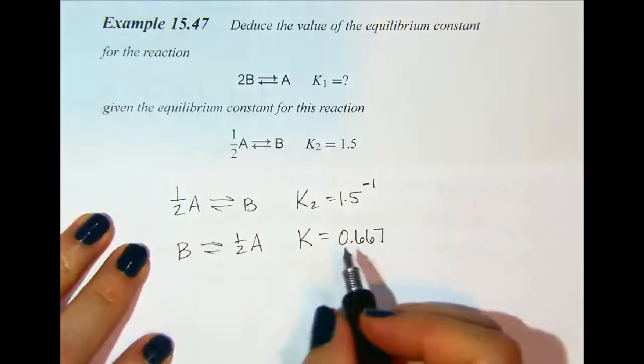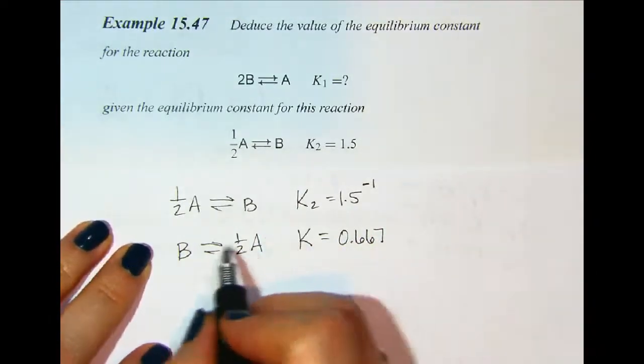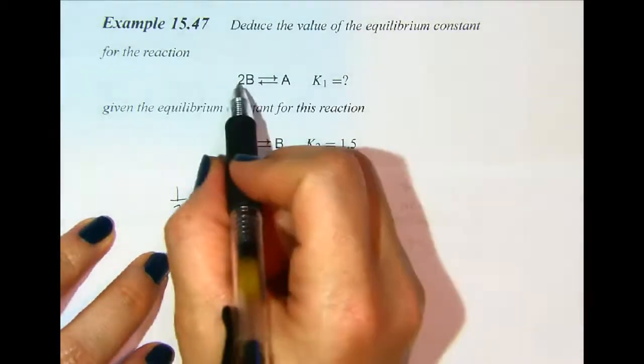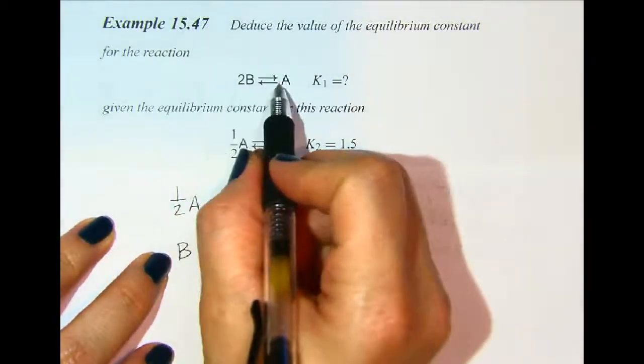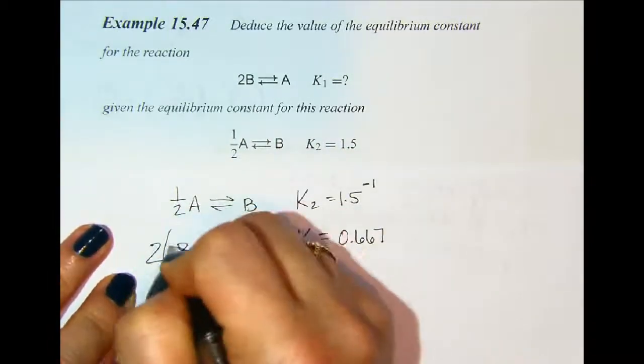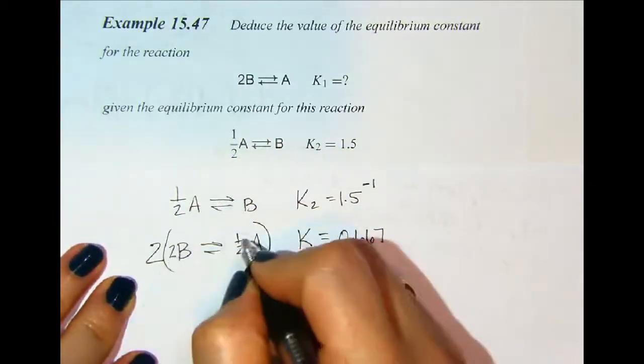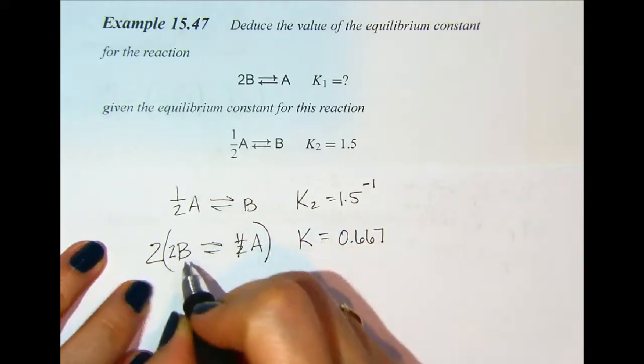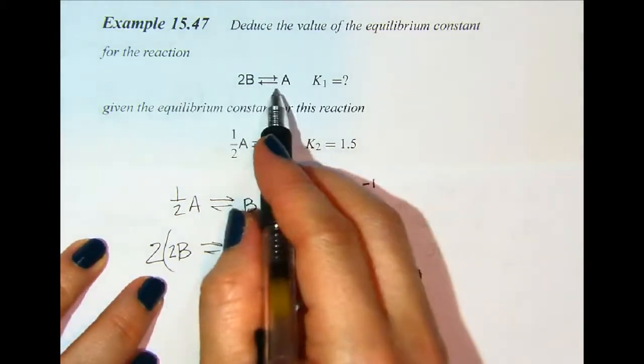And so my new K is going to be 0.667. Now I'm going to take this equation, and in order to make it have these coefficients, I need to multiply all of these by 2. And that's going to give me a 2 here, and that's going to make this a value of 1. And then that would give me this balanced equation there.